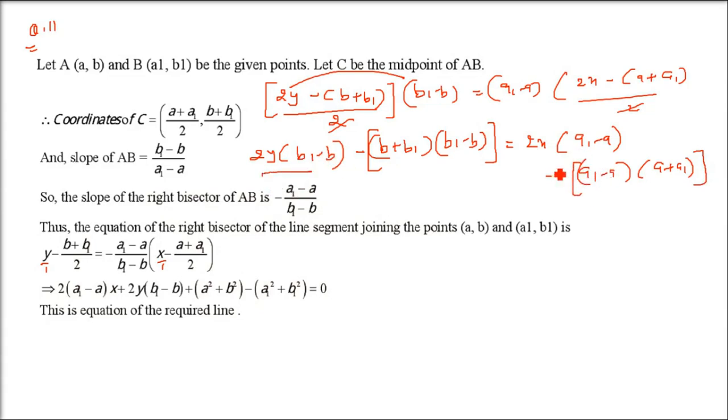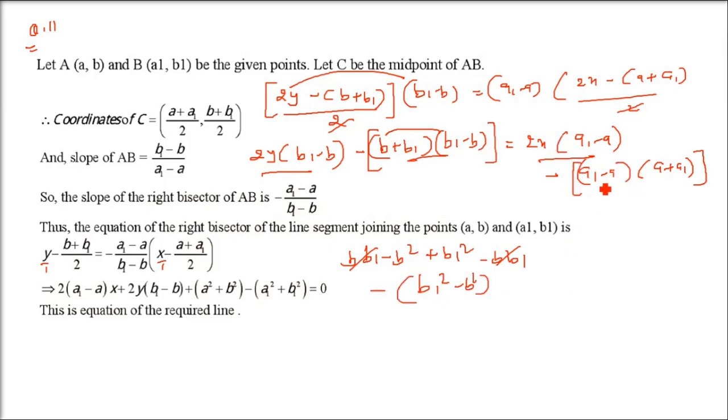I'm keeping the 2y, 2x terms like this only. Let me multiply this first. b into b1 cancels, so you have b1 square minus b square, and there is a negative outside also.